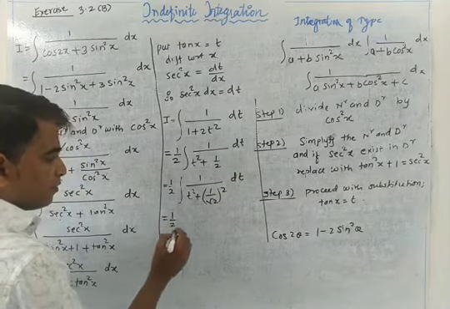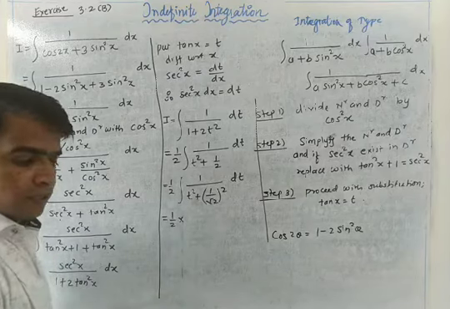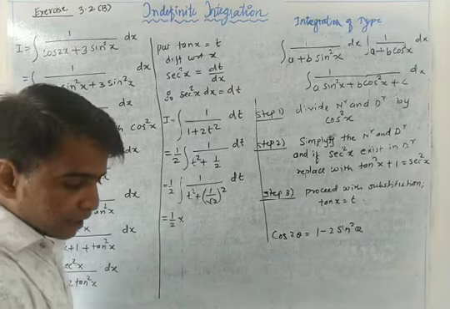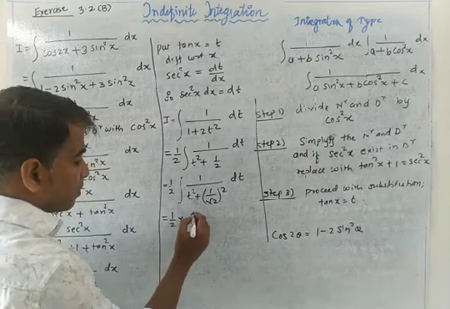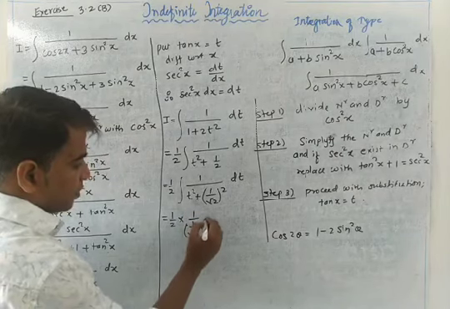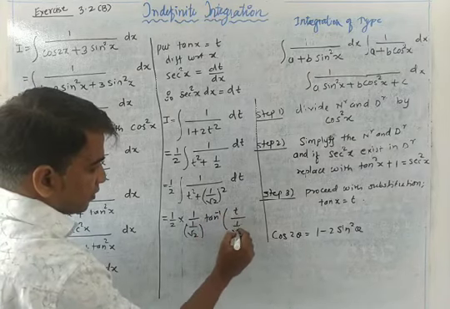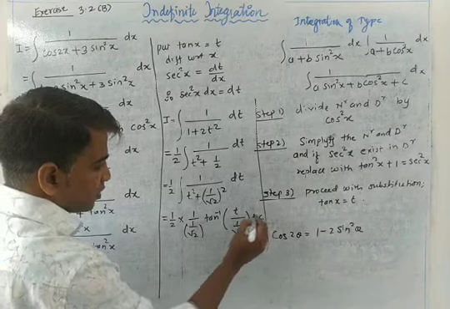So half into, now it is 1 upon x square plus a square, and 1 upon x square plus a square is what? 1 by a into tan inverse x by a plus c.